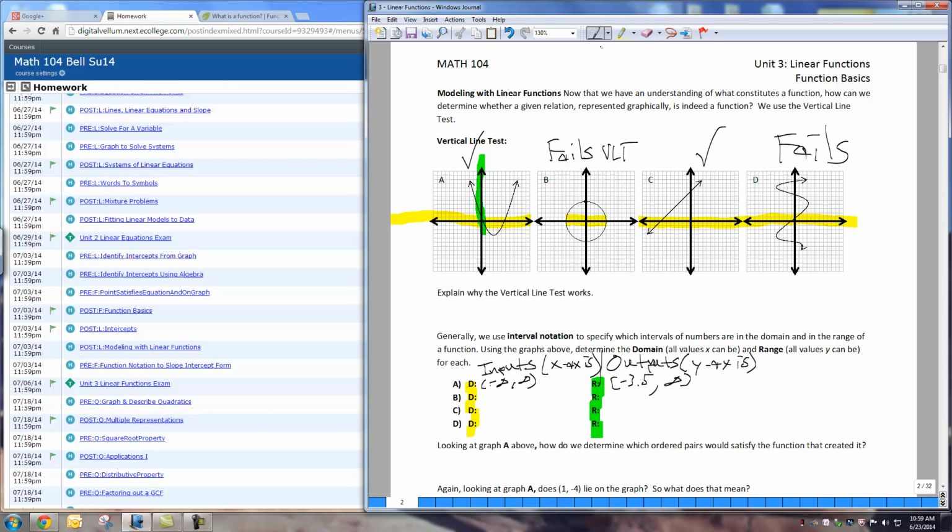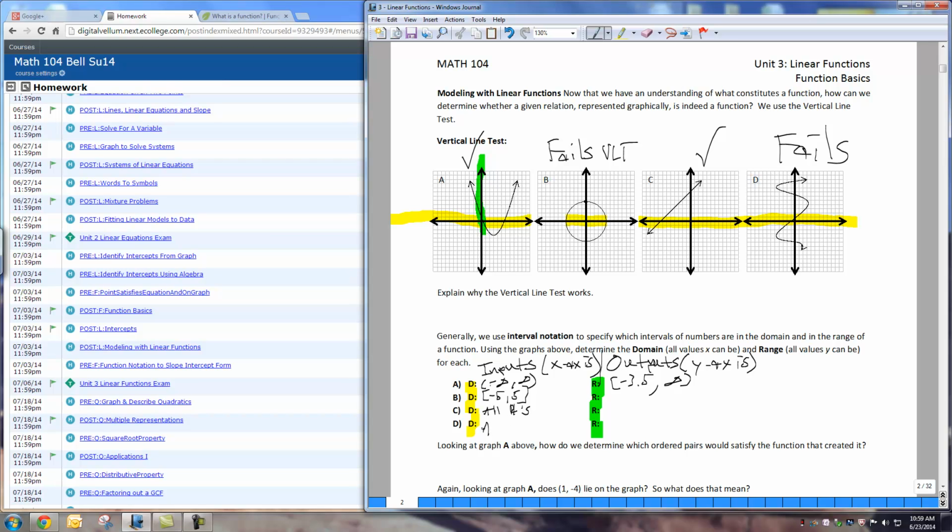So now let's go in and make our domain. So our domain for B is from this number, so that's -1, -2, -3, -4, -5 to 1, 2, 3, 4, 5. -5 to 5. And you always put brackets if it includes the point. Both of these graphs go across all real numbers, so I could write negative infinity to infinity or all reals.